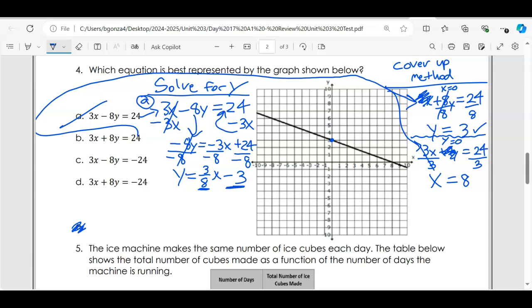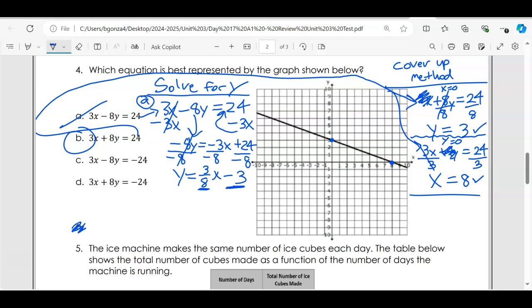Now you tell me, is the x-intercept positive 8? It is. So by doing the cover-up method, when I scratch out the x term and divide, I get the y-intercept. When I scratch out the y term and solve for x, I get the x-intercept. If they match the graph, that's your answer already.